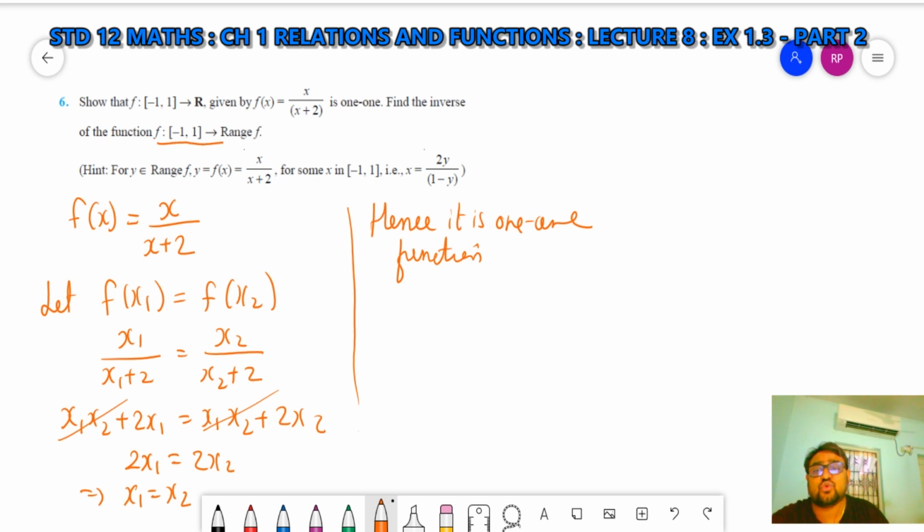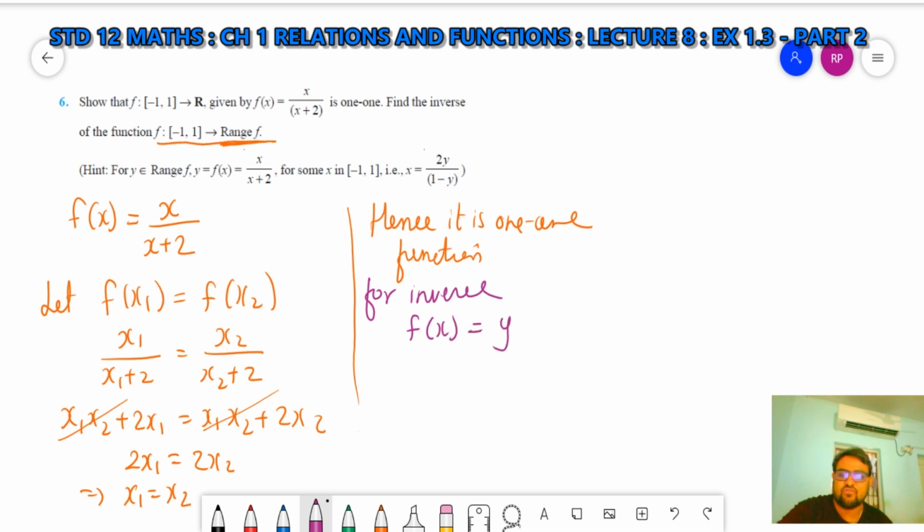Now you have to find the inverse of the function f from [-1, 1] to the range of f. Here it's clearly given the range of f, that means definitely it will be an onto function. So for the inverse, let f(x) equal y. That means x upon x plus 2 equals y, so x equals xy plus 2y.